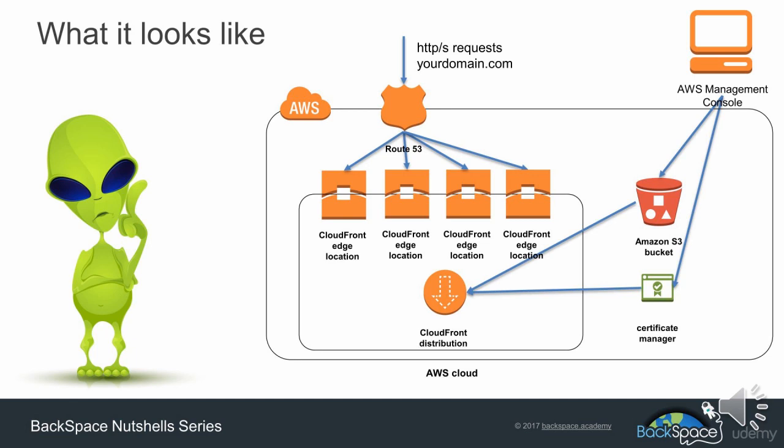And then once that's all done, we can go into the Route 53 domain name service, and we can point all of our requests for HTTP or HTTPS through to those edge locations located across the globe. So we've come a long way. We're about halfway there, and you're going to end up with a pretty good, robust solution for hosting your HTML5 website.